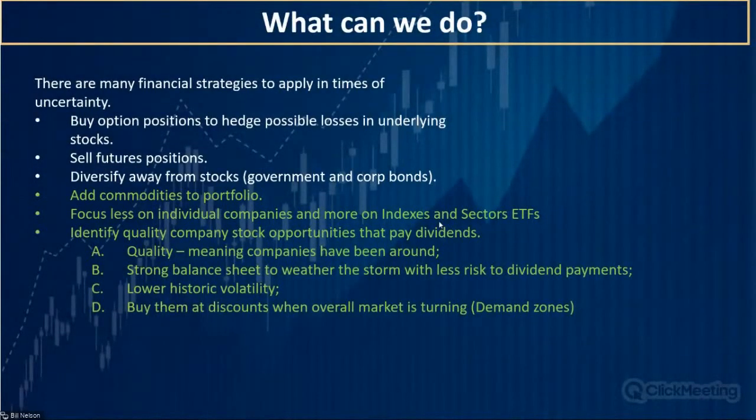There's a category of companies out there called dividend aristocrats. It's an unofficial qualification, but to make the cut, a company must have raised their dividend every year for the last 25 years.